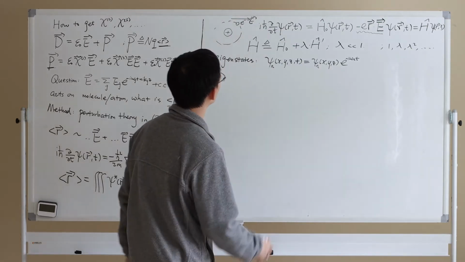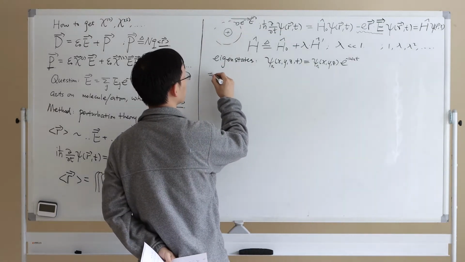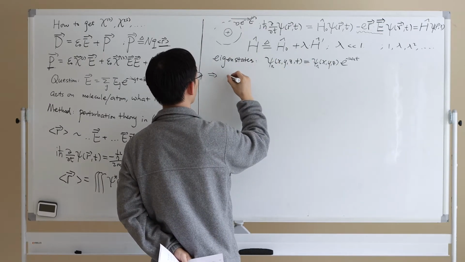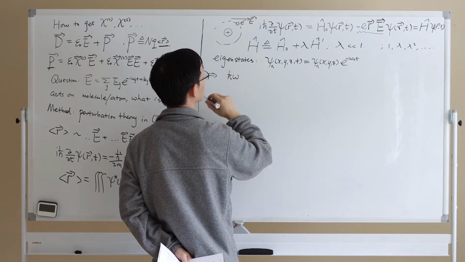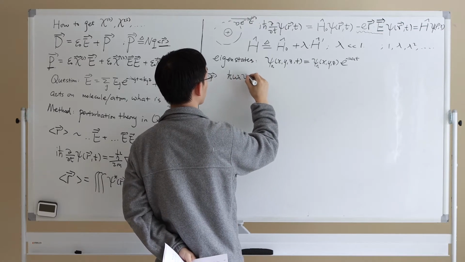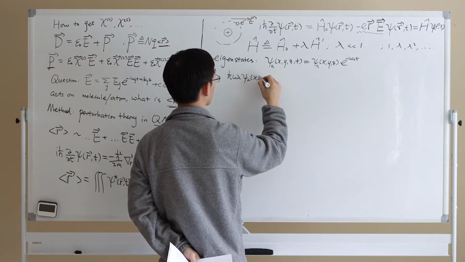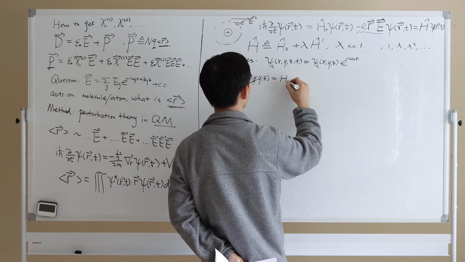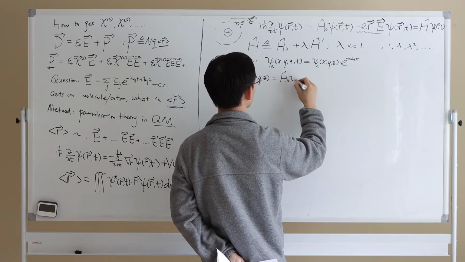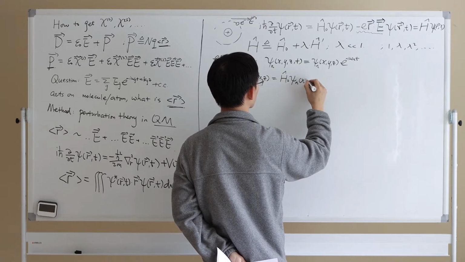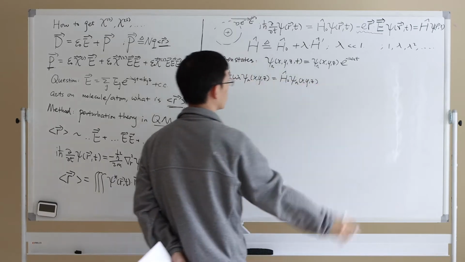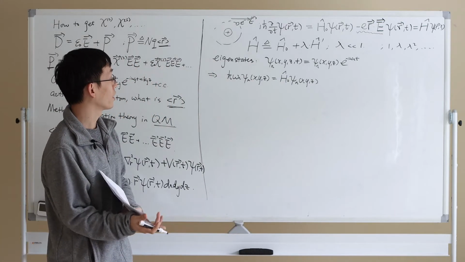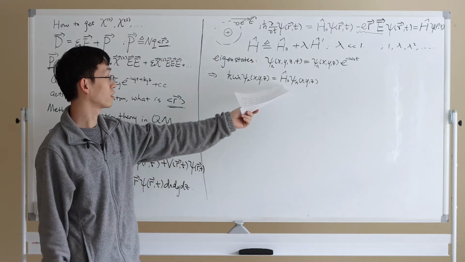And then you plug this back in to here, assuming lambda goes to 0, then you will have h bar omega n times psi n of x, y, z equals H naught acting on psi n of x, y, z. So this has become an eigenvalue equation or eigenstate equation, right?